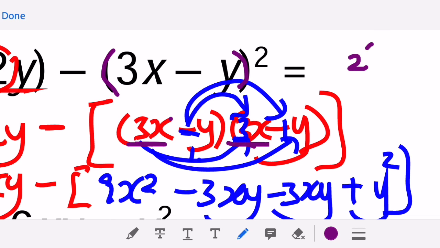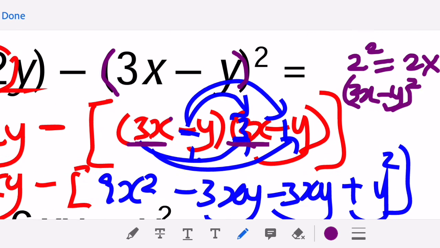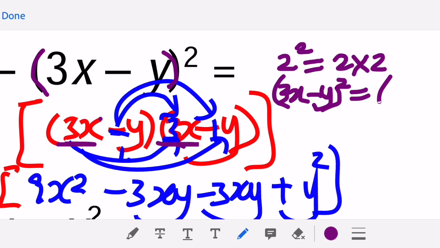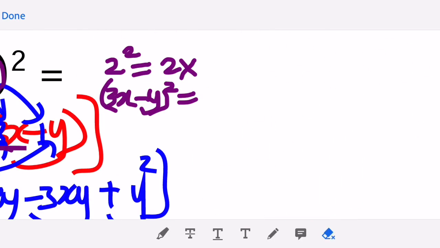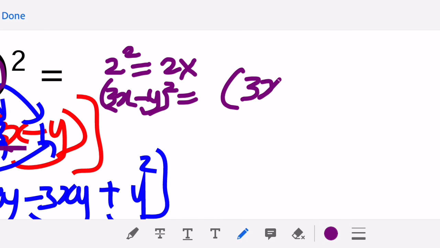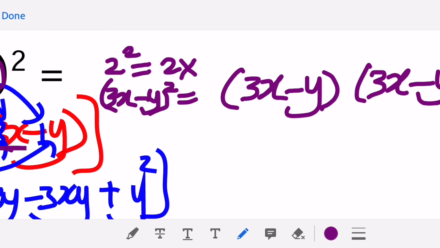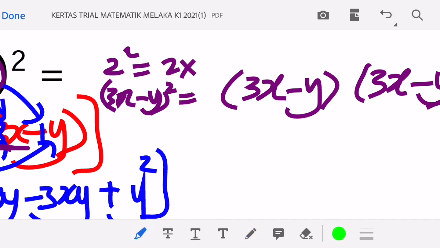If 2 squared, 2 times 2, right? 3x minus y squared will be 3x minus y times 3x minus y. And then you must know that when you want to simplify this thing, you must write nicely like this. Okay, then we want to draw the arrow.